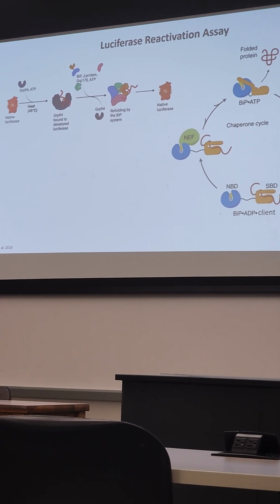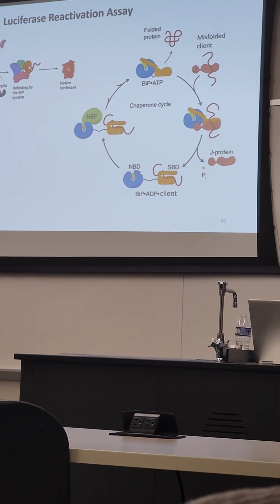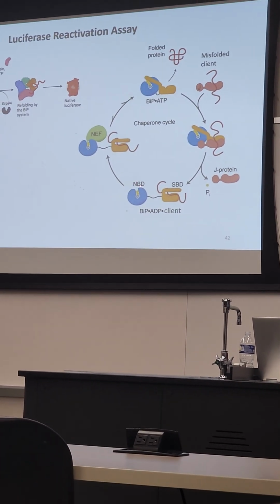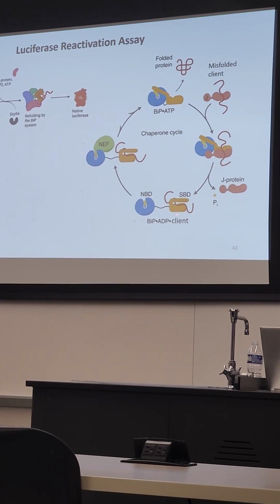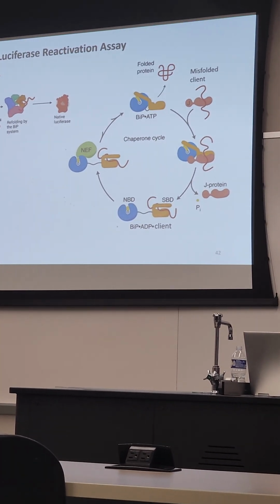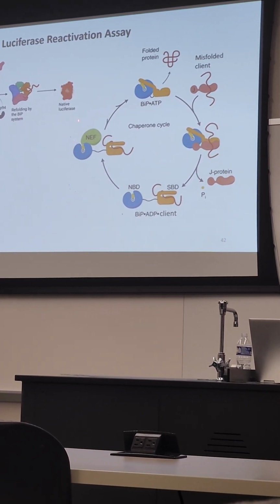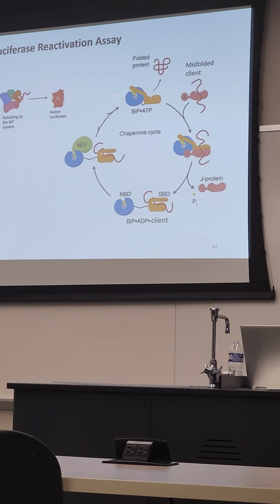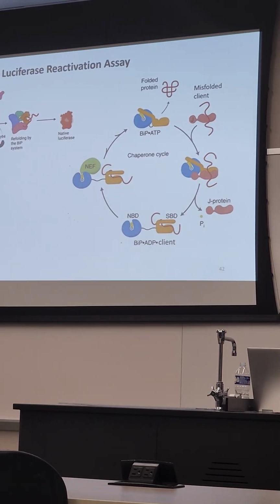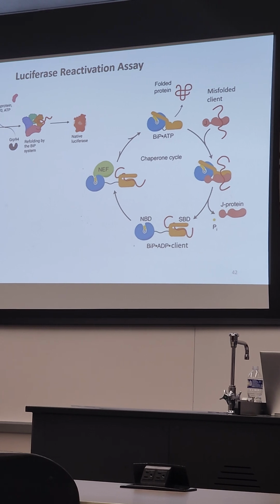Following that hydrolysis event, the J protein will dissociate, and a conformational change is triggered where the substrate binding lid traps the misfolded client in the substrate binding domain of BiP. Subsequent nucleotide exchange replaces the hydrolyzed ATP with a fresh ATP, releasing the folded client and opening BiP up for another cycle of client binding and release.